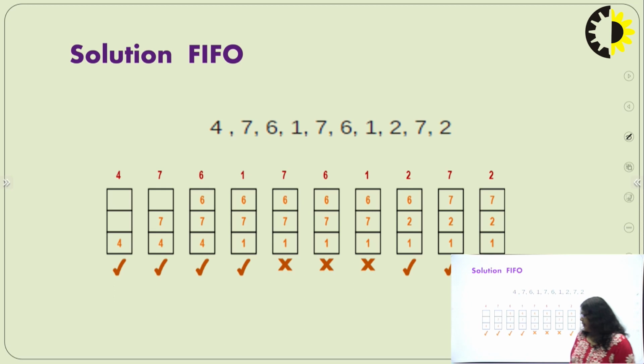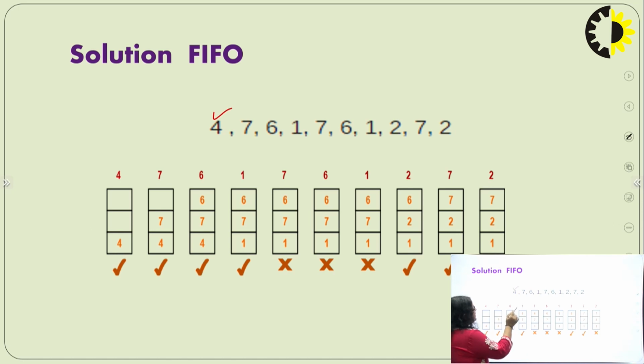So in this example we start with this particular frame, and we have 3 frames. Initially the stack is empty, so we fill it first with the number 4, then 7, then 6. So the 3 frames are filled with 4, 7, 6.